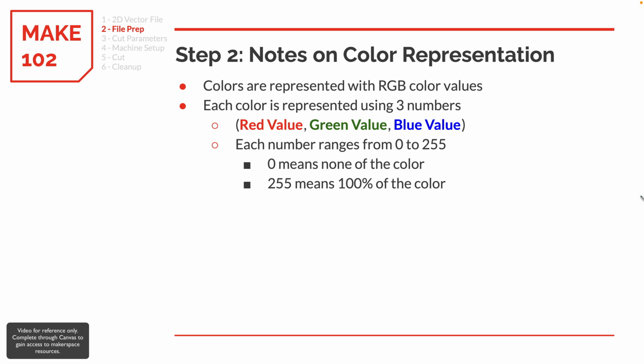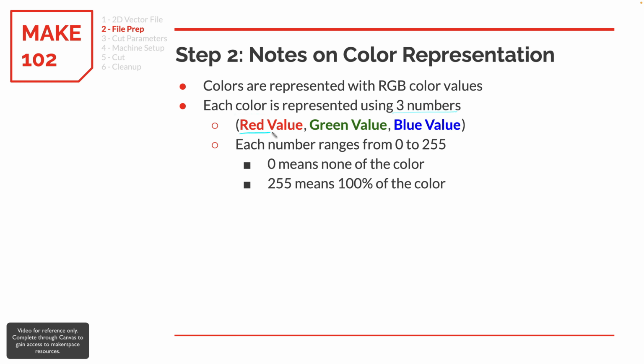So before we move forward, because color is how we will control what the laser does with each line, we first need to understand how color is represented in our files. Color is represented using an RGB color value. This is a red, green, blue value. So each color is represented with 3 numbers.